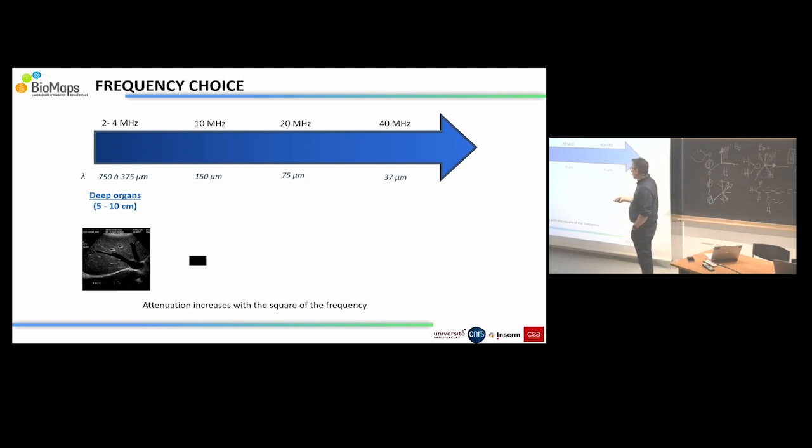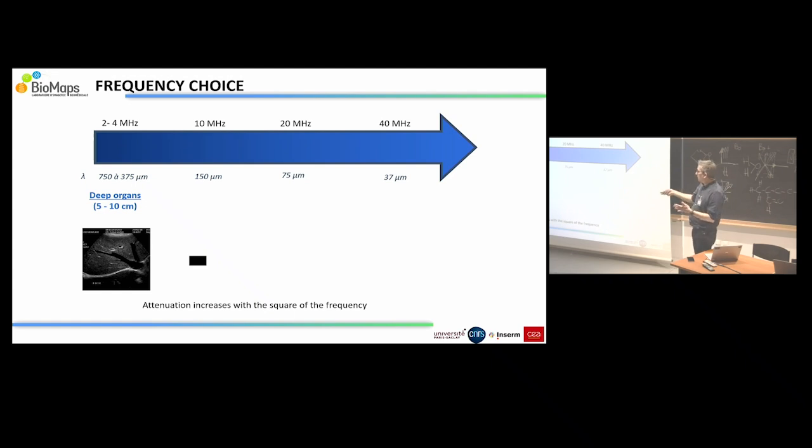Why? Because the attenuation increases with the square of the frequency, so the higher my frequency, the less deep my image will be. So depending on the organ I want to scan, I will adapt the frequency of my ultrasound to have the image I want.